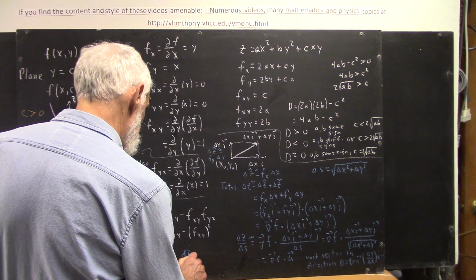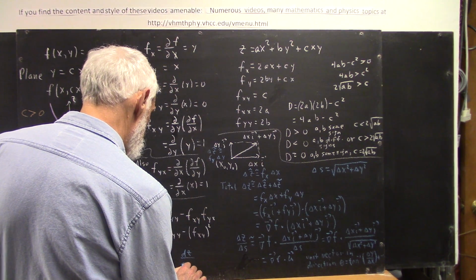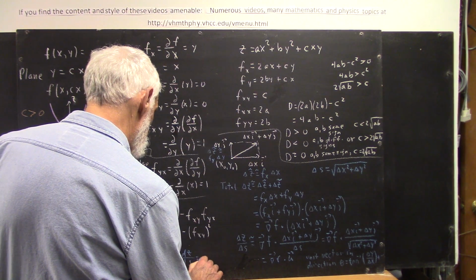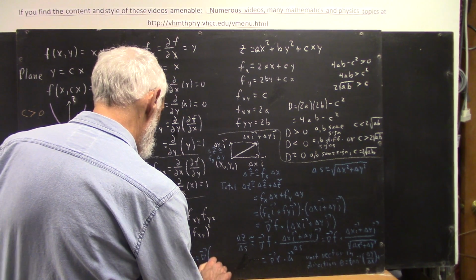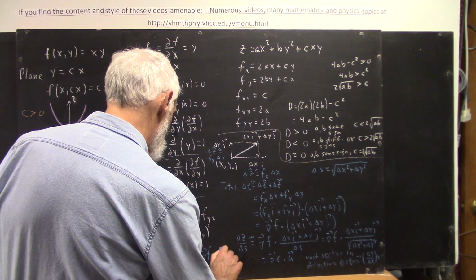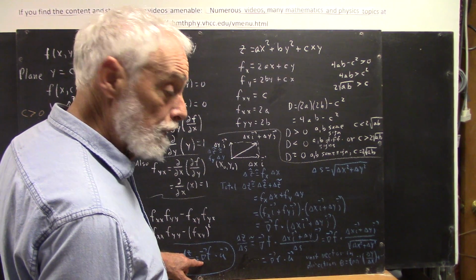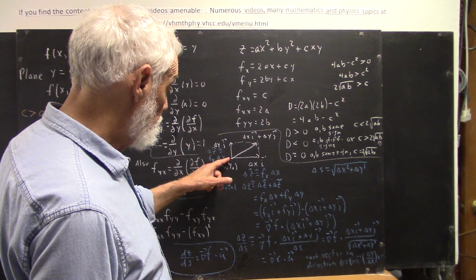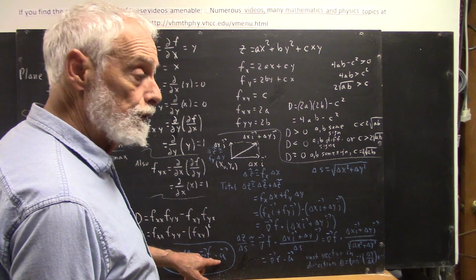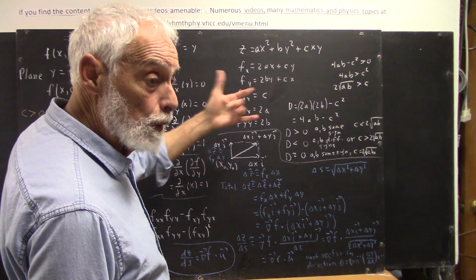And we can say, I'll write it here, that dz/ds equals del f dot u, where del f is the gradient of f evaluated at the point in question, and u is the unit vector in the direction you want to go.